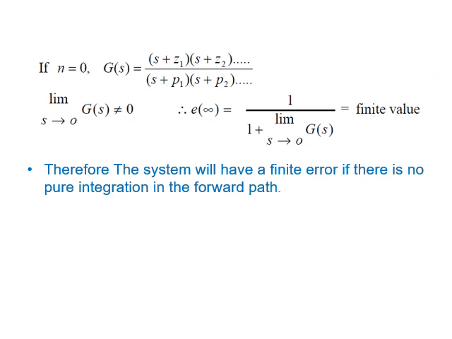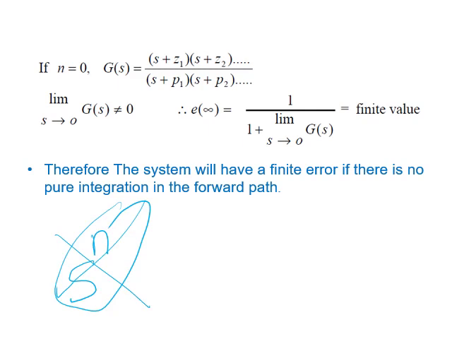How about if the power of S is equal to 0? We saw in the previous slide S to the power n, and we said n must be equal to 1 or more. What if n equals 0? If n equals 0, that means we will have no S here. No S will be available. It's going to be equal to 1. Same as the case here.